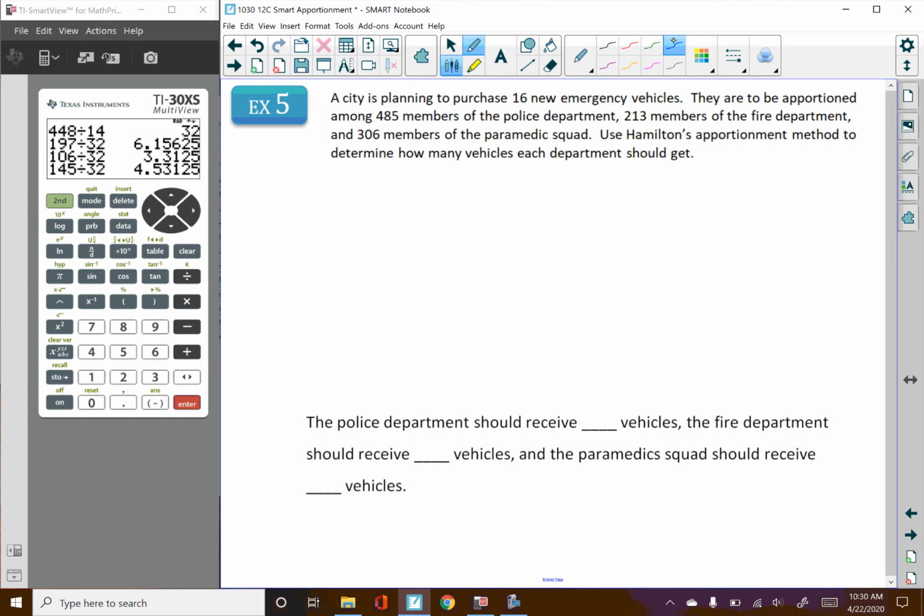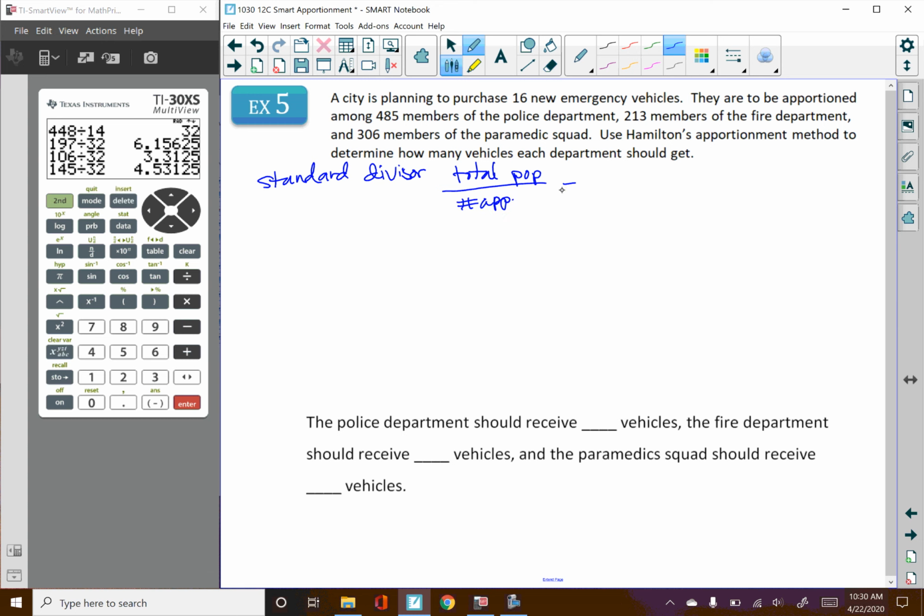So we have a city that's planning to purchase 16 new emergency vehicles. They need to apportion them among the police department, fire department, and paramedic squad, and they're going to base it on how many people are working in each of those departments. So we start by finding our standard divisor. The standard divisor is the total population divided by the number being apportioned.